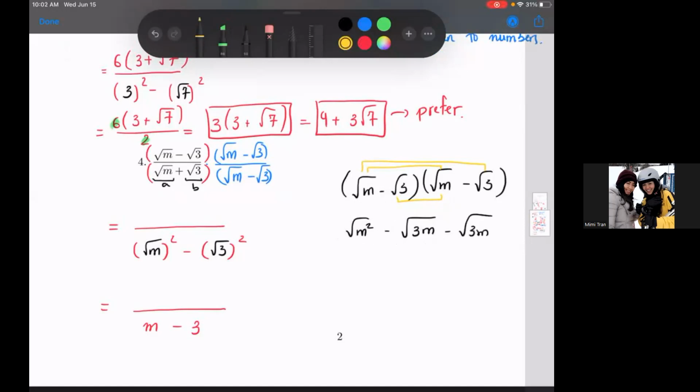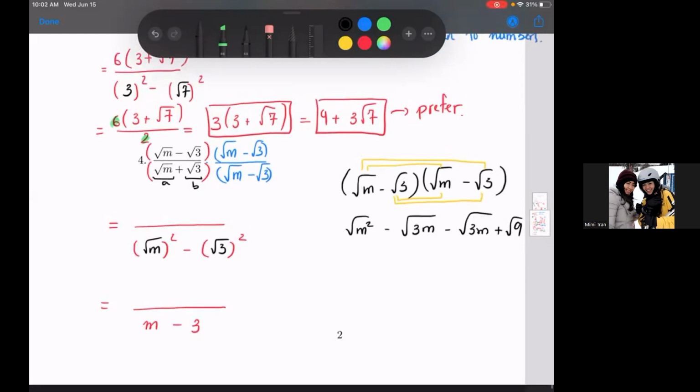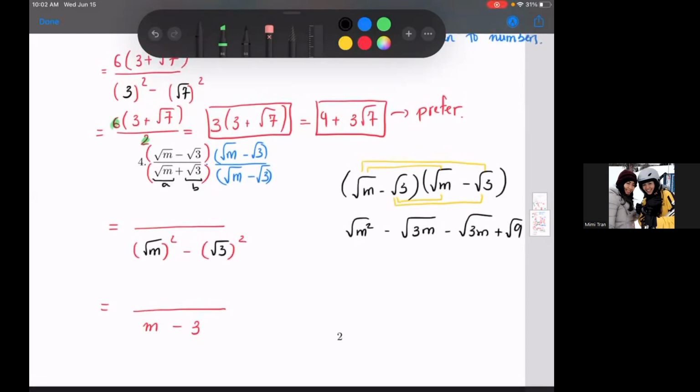And the last one, negative root 3 times negative root 3, I know it's going to be positive. And you can simplify a little bit more. The square root of m squared is m. The square root of 9 is 3. So the first and the last. What about the middle?